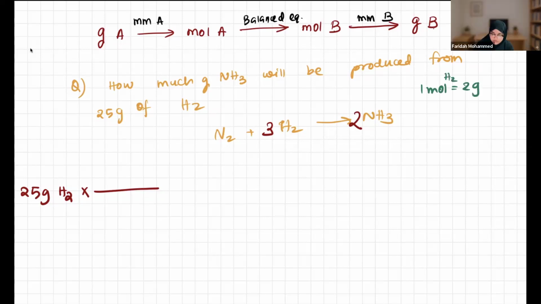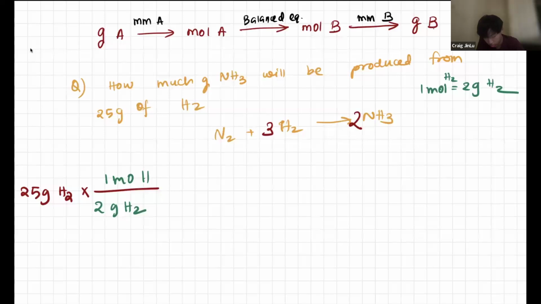Okay, good. When we put it into the fraction, we want the grams on the bottom so they cancel out. So what goes on the bottom? 2 grams of hydrogen goes on the bottom, and on the top, 1 mole of hydrogen.